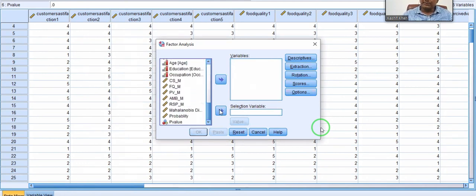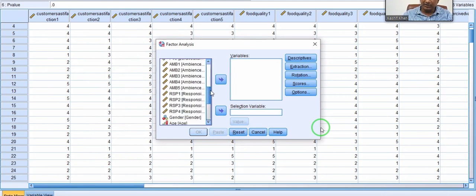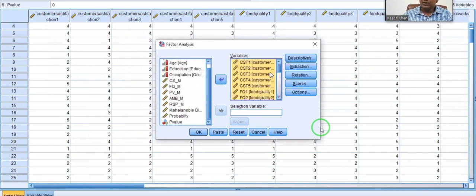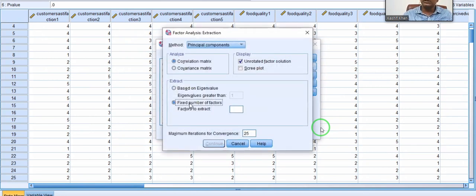Again, I will be taking items here, and I selected all the items. Factor analysis. Now, if I'm running EFA, this is fine. That's how EFA is run. All items in one place, and then you go to extraction and you tell it how many factors you want to make. However, I'm not running EFA.